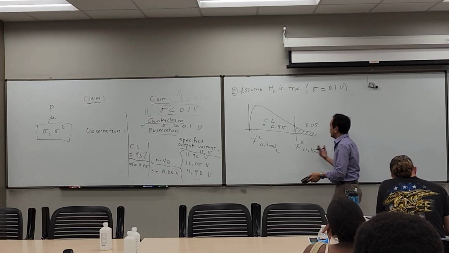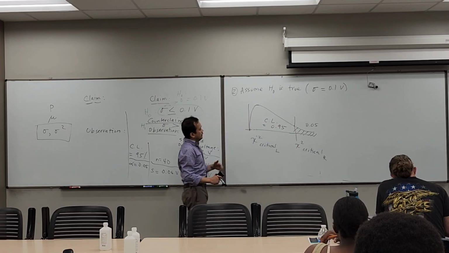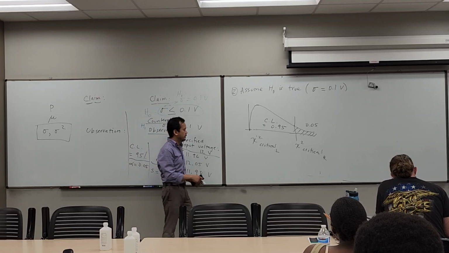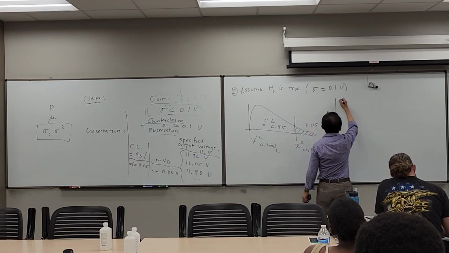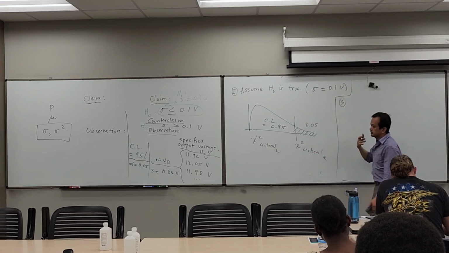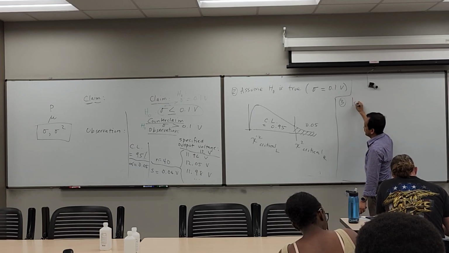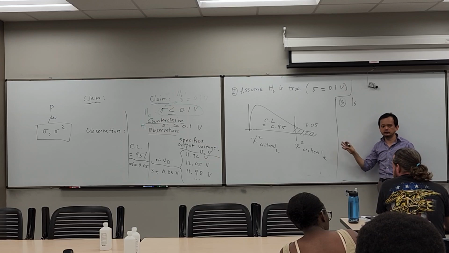So once we properly identified the areas of the body and the tail, now we're ready to incorporate step 3, which is to incorporate the observation in. So step 3 is to ask ourselves, is the observation consistent with the idea that H0 is true? So basically that reduces down to deciding whether the observation is in the body or the tail.